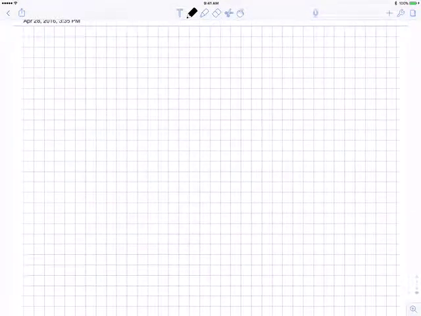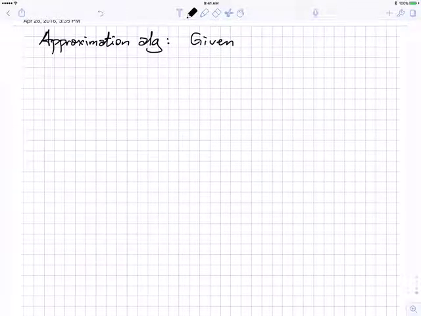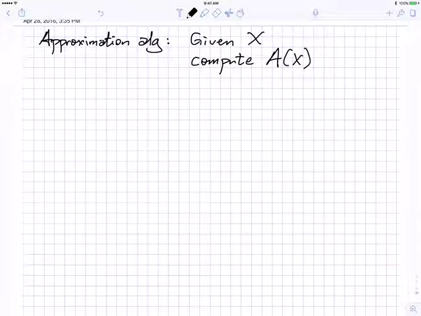let me remind you where we're standing, the kinds of things that we're talking about. Approximation algorithm, the goal is, given some instance x, I want to compute some solution a of x to some fixed problem. So maybe x is a weighted graph, and a of x is some short Hamiltonian cycle in this graph.